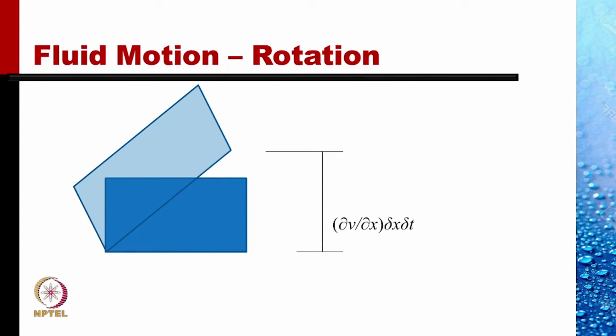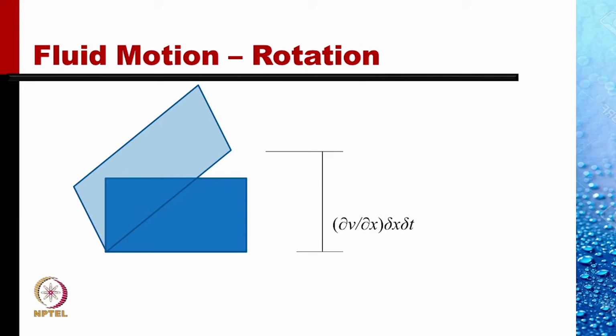The bottom rightmost point has moved up relative to its original position, and that's because of the velocity gradient, because of the difference of v velocity in the x direction.